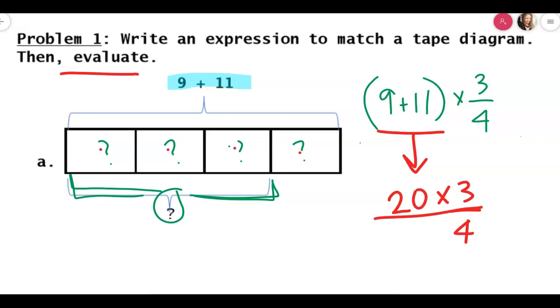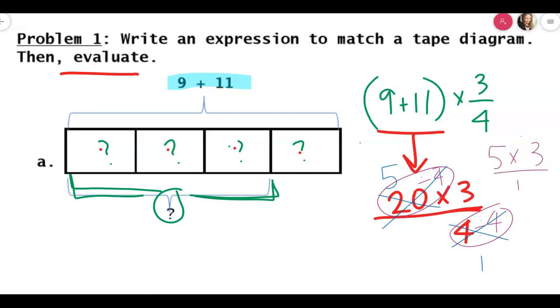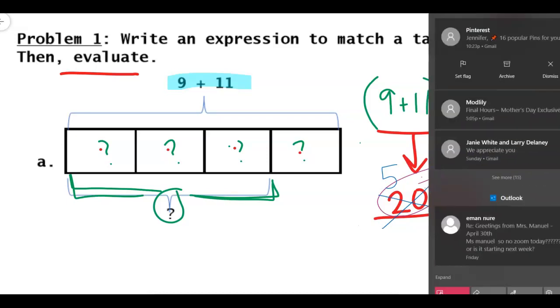I'm going to look for cross-canceling opportunities. I know that I can divide both 20 and 4 by 4, and I can get 5 and 1. So my new equation would be 5 times 3 over 1, which equals 15.